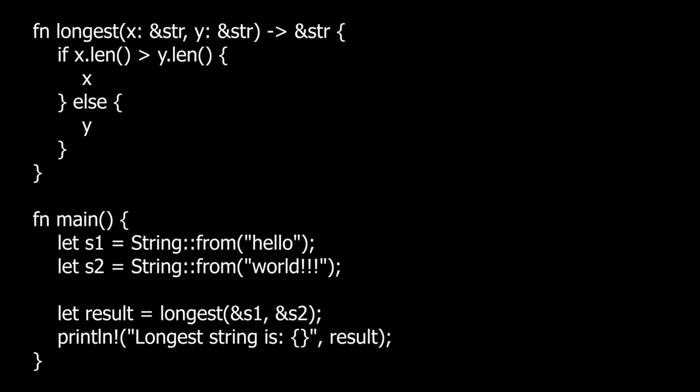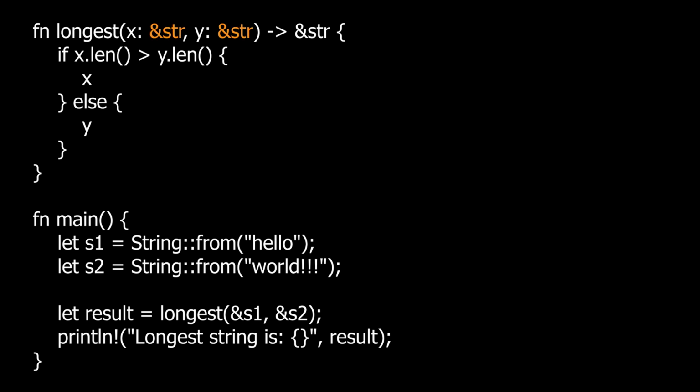But what Rust doesn't know is whether the return reference is coming from x or y. As per the logic in the function, the return value is tied to either of the two inputs. So the question arises: the returned reference is valid as long as which input among the two? Rust refuses to guess.